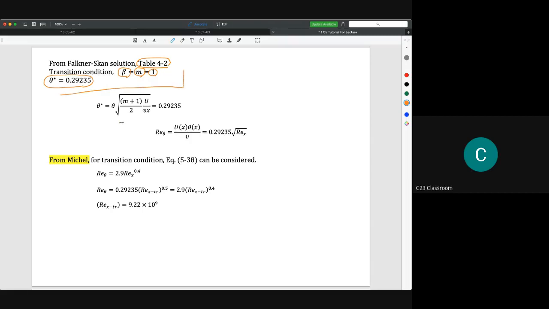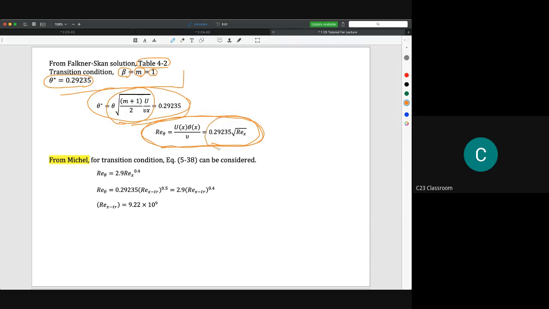And this equation is the equation of the Falkner-Skan. We equate it with the value of theta that we get from the table, so we could develop this equation. Then again, if we use the idea of Michel, we could get the Reynolds number Re_theta equal to u theta over nu, and then we get this term.